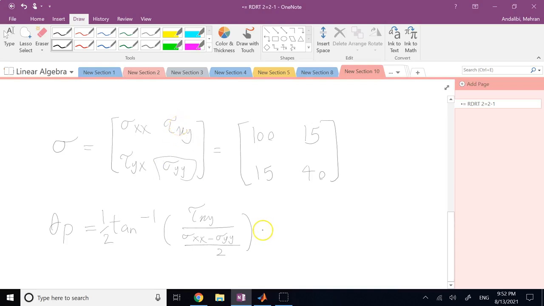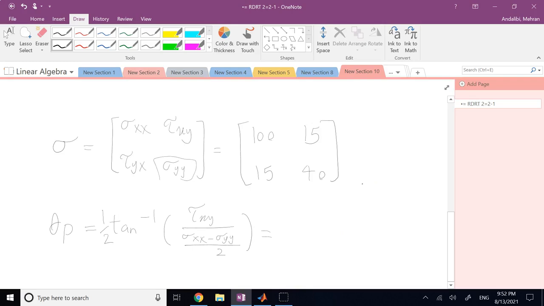If you remember from solid mechanics, the way to calculate the angle of the principal axis, x prime with respect to x, was 1/2 tangent inverse of tau xy over 1/2 of the difference between sigma xx and sigma yy.